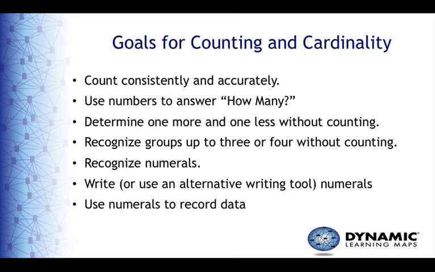Notice that there are no number ranges associated with these goals. Each of these, along with specific ranges, are specified by grade in the DLM Essential Elements. Across grade levels, students are expected to be able to count increasingly larger quantities, first in increments of 1, but soon pairing the knowledge with counting by 2s, 5s, and 10s.